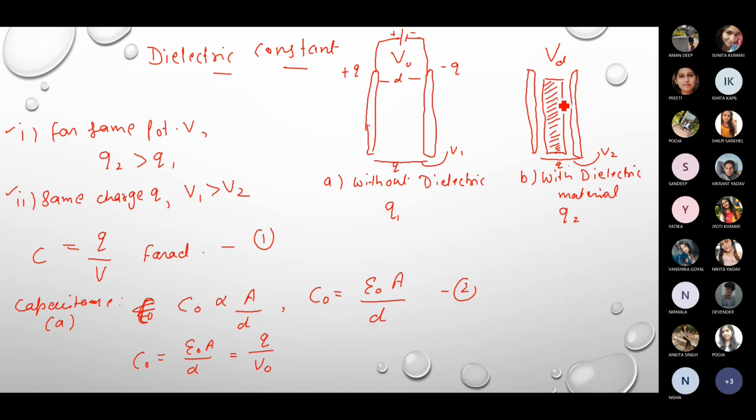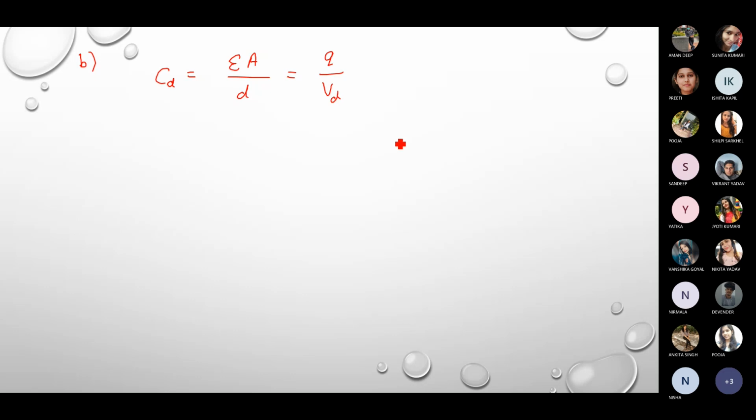Epsilon is the permittivity of the dielectric and epsilon naught is the permittivity of the vacuum. And we should also note that epsilon is greater than epsilon naught. The permittivity of the dielectric material is always greater than the permittivity of the free space.